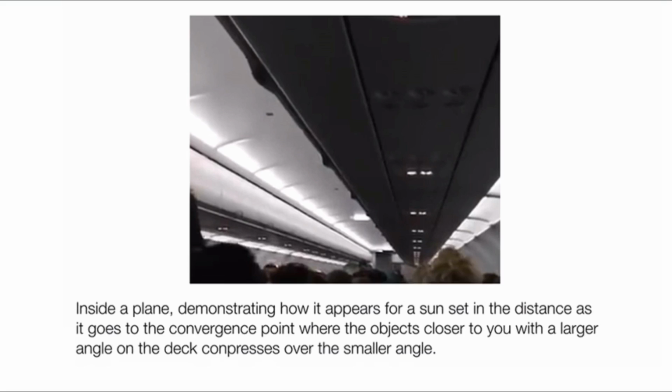So you must remember there's people sitting here, their heads are in the way, the seats are in the way, the perspective convergence point is in the way, and the larger angle of those people on the deck is compressing over that smaller angle of that light in the distance. Due to perspective, while it goes to convergence points, this gives it the effect of it setting like the sun.